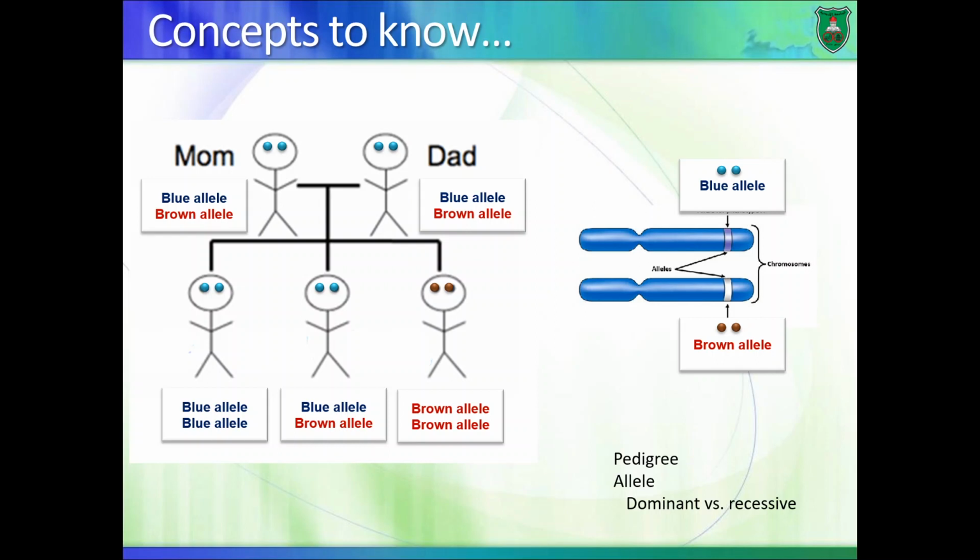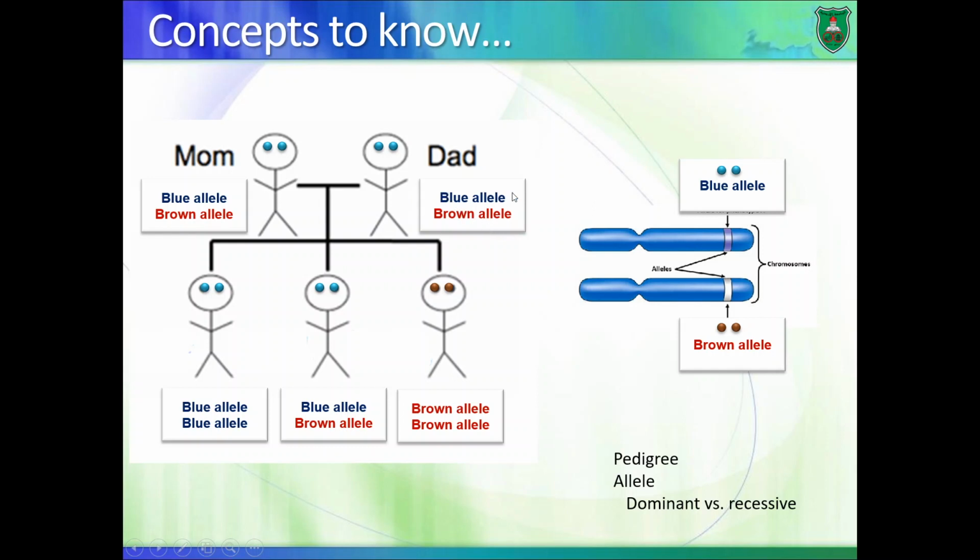So since we are diploid, since we have 2 copies of every chromosome, we can have the same alleles for the eye color gene or different alleles, okay? So let's say that this dad has a blue eye color allele and a brown eye color allele.